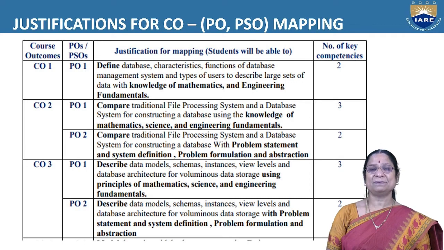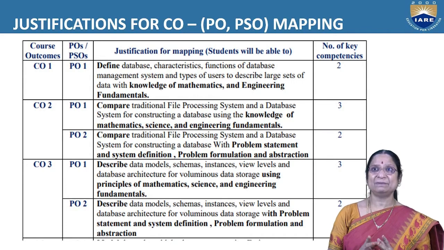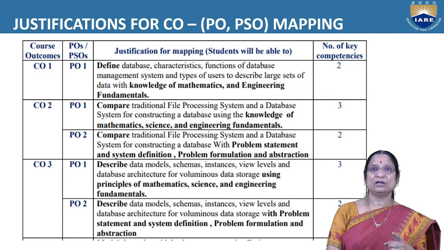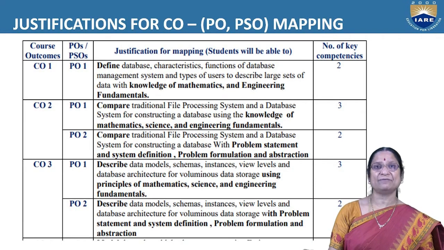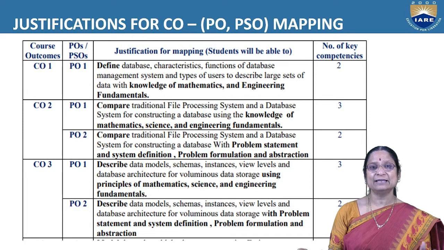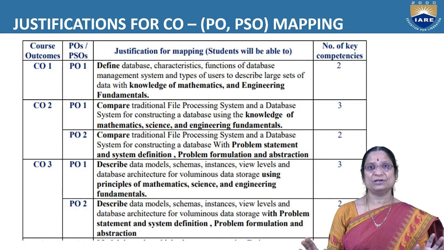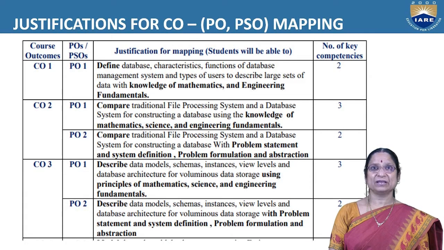The strength of the mapping is going to be considered depending upon the number of key competencies. Key competencies, I explained to you. Each PO will have some set of key competencies. PO1 has 4, PO2 has 10, PO3 has 10, PO4 has 11 competencies, etc.